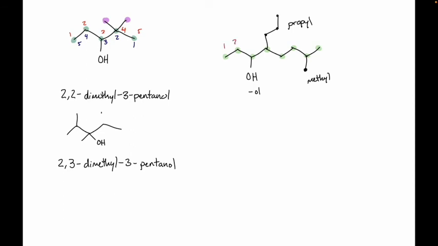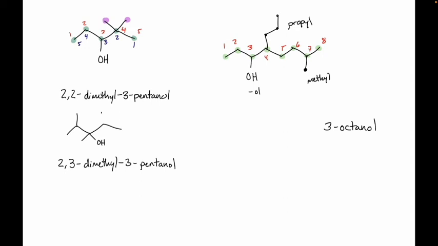I'm going to number my parent chain. Okay. So right off the bat, we can see that this is going to be a 3-octanol. Importantly, I specifically wanted to do this example because now that we have 2 substituents, when we put them in our name, we're going to make sure to put them in alphabetical order.